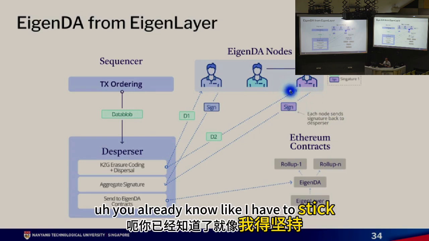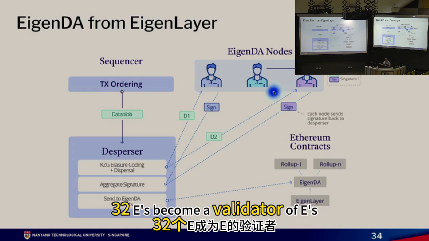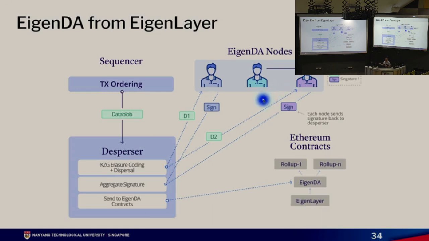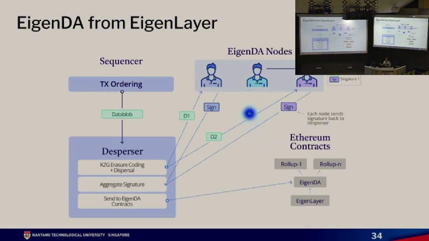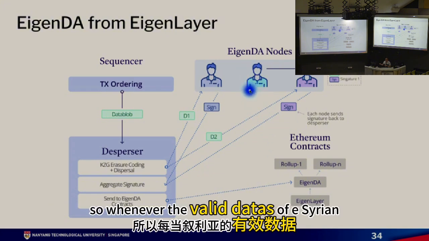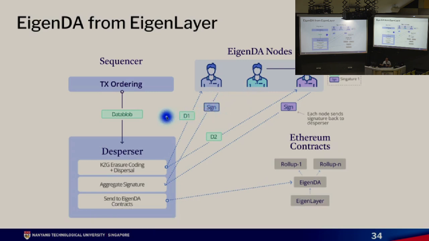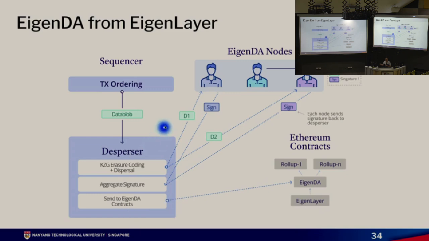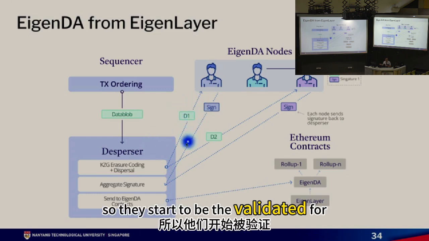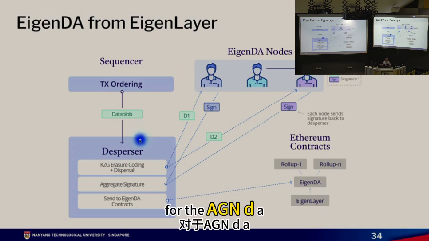You already know, I have to stake 32 ETH to become a validator of ETH. So now EigenLayer actually gives them a subscription. Whenever the validators of Ethereum subscribe to Eigen DA as a validator, they start to be the validator for the Eigen DA.